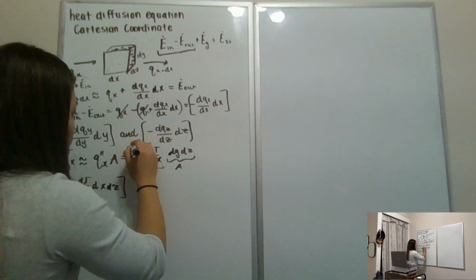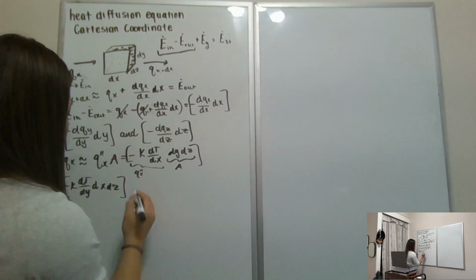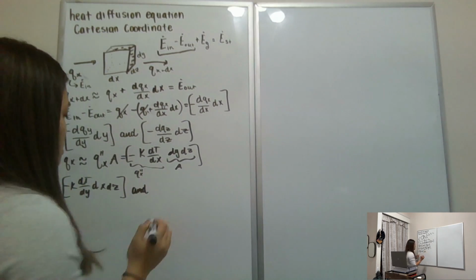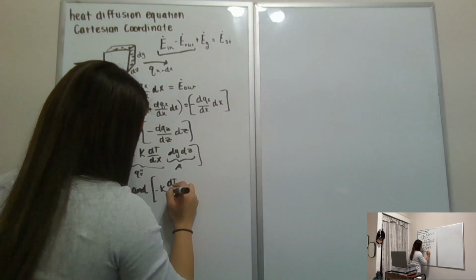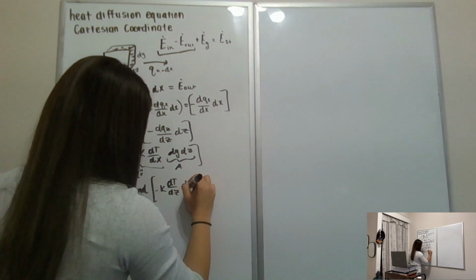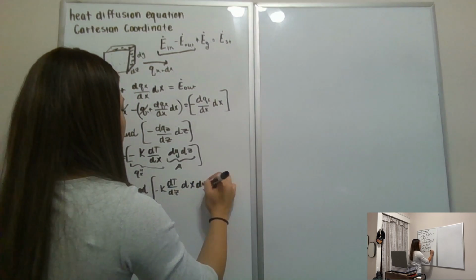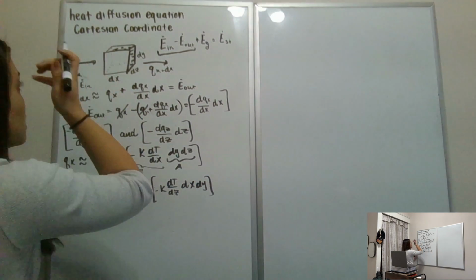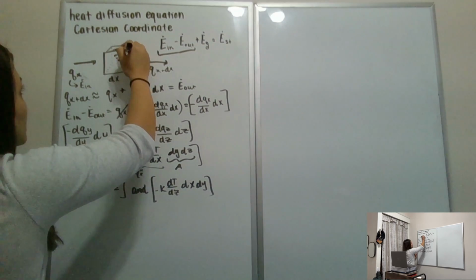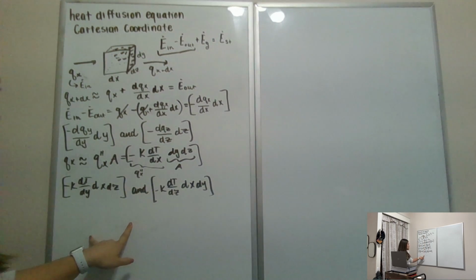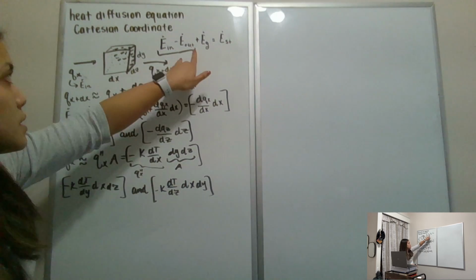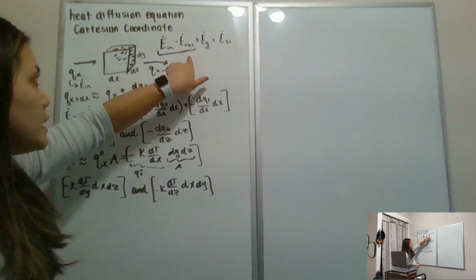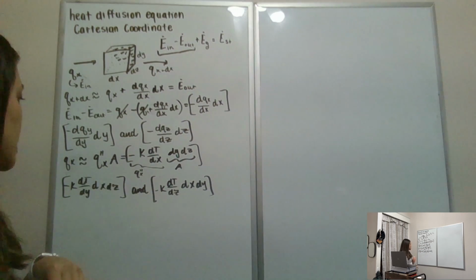And then we can do that for the z direction as well: negative thermal conductivity times the change in temperature with respect to z, times dx dy, because this is the area back here. Now we can plug these three equations into this equation, and that will finish out our energy in minus energy out.